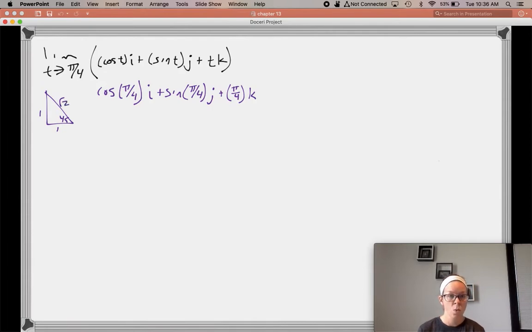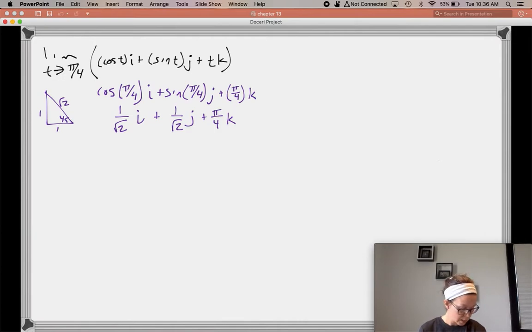So we end up with a 1, 1, square root of 2 triangle. So 1 over square root of 2 i plus 1 over square root of 2 j plus pi fourths k. That would be our limit in this example. And you can leave them unrationalized like that with the square roots in the bottom, or you could rationalize your denominators. Either way is fine.